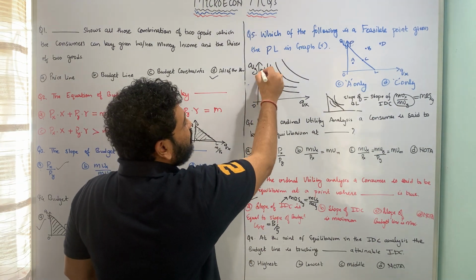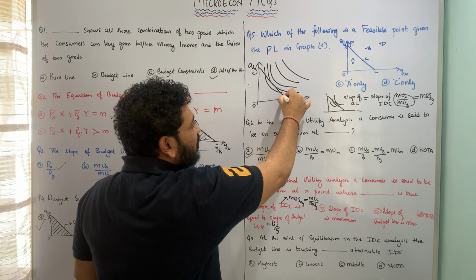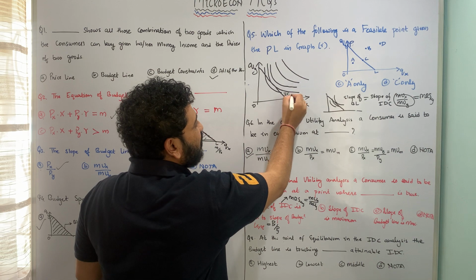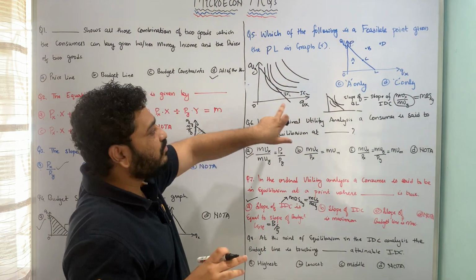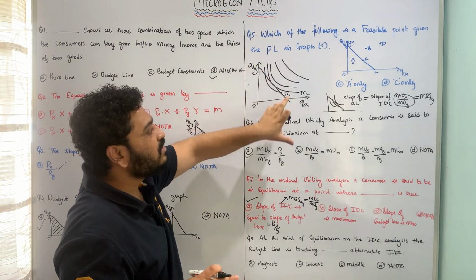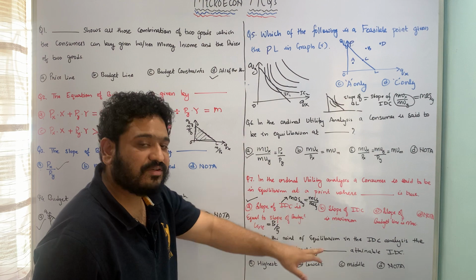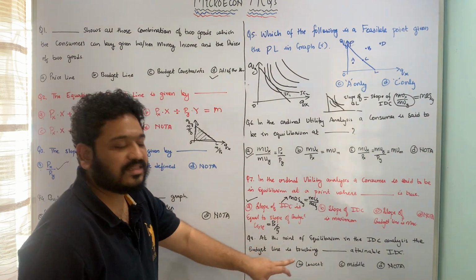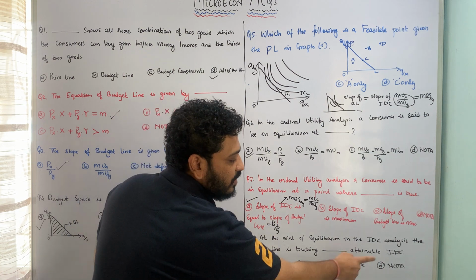Among indifference curves IC1, IC2, IC2 is the highest attainable indifference curve given my budget constraint or my budget line. So a consumer is said to be in equilibrium at a point where the budget line is touching the highest attainable indifference curve, option A.